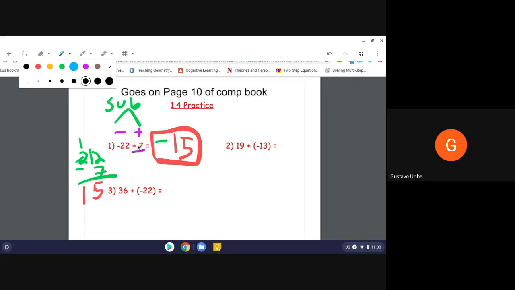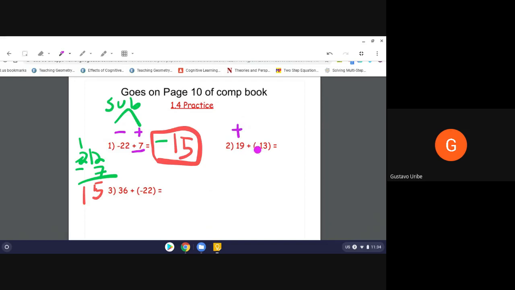So this is a positive 7, and this is a negative 22. Because they are different signs, we subtracted. So before we do anything with number 2, let's find the signs of each of these to figure out if we are adding or subtracting. Okay, so this 19, well, I don't see a positive or a minus in front of it, but when there's nothing, we know that it's a positive.